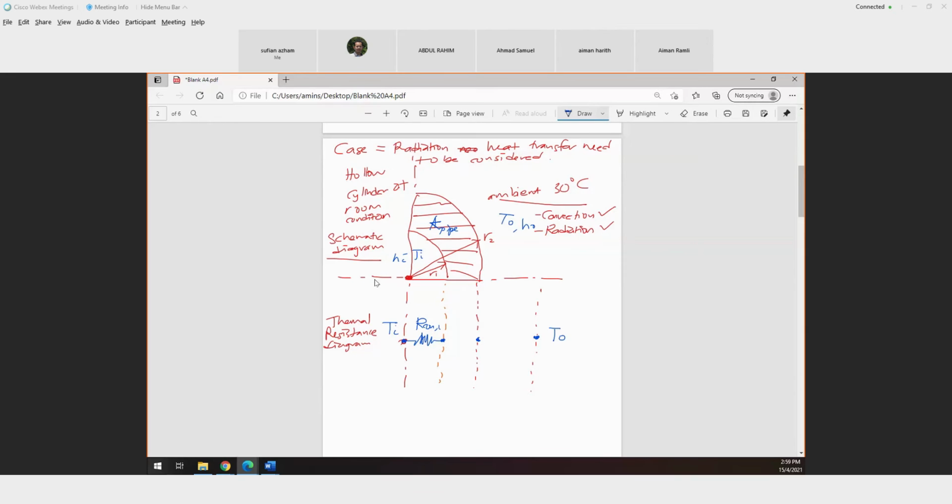Next one is due to the R pipe. Because here you have both the effect of convection and radiation, what happens here is you need to replace it with a parallel arrangement.